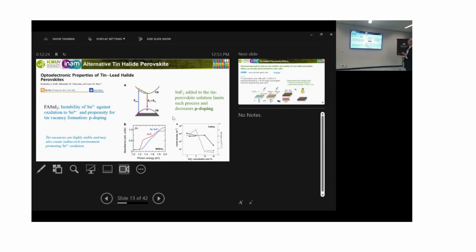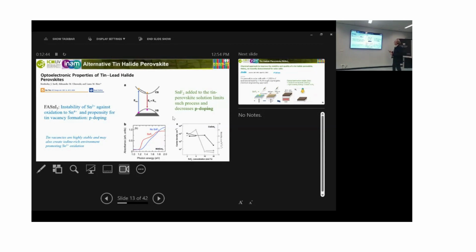This is forming, if the quantity is not too high, vacancy formation, and this is producing P doping, or P character, for this material.